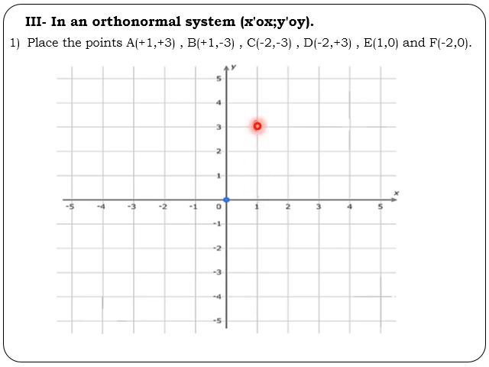Here's where I plot point A. B is plus 1, minus 3, so this is point B. C is minus 2, minus 3, D is minus 2, plus 3, E is 1, 0. Its ordinate is 0, so E belongs to the x-axis. F is minus 2, 0, it also has a 0 ordinate, so it belongs to the x-axis.